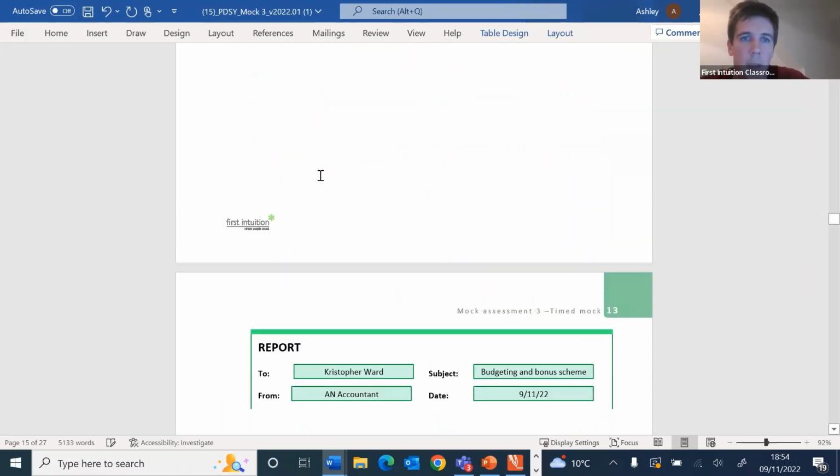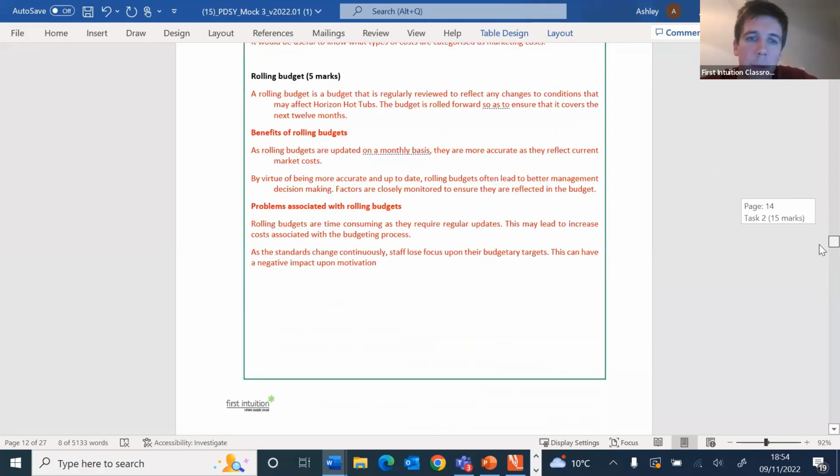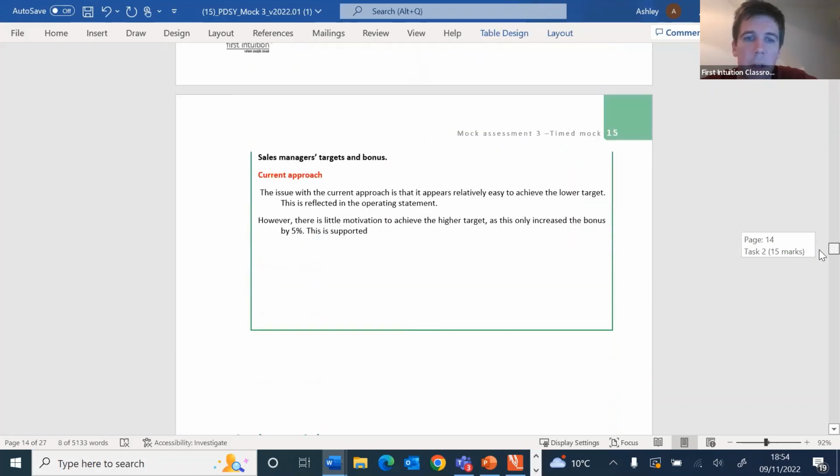So, you know, it's not concrete evidence that it's not working, but the fact that the manager hasn't achieved it, there might be other reasons why, but it kind of suggests that actually not achieving it isn't necessarily a big issue. So this is supported by the fact that the manager has not achieved the higher target.